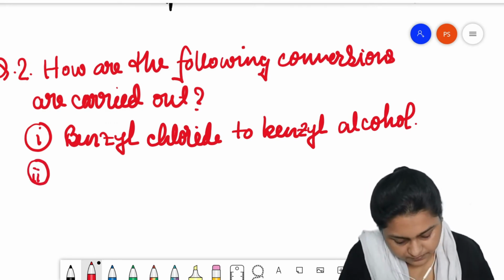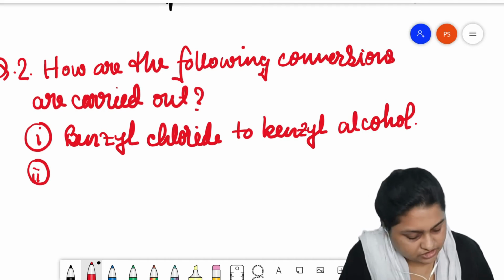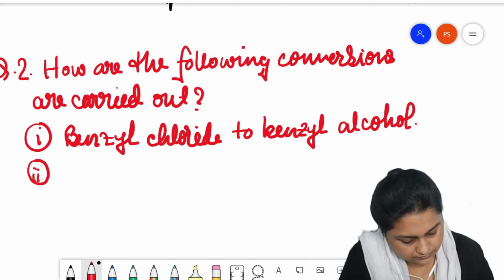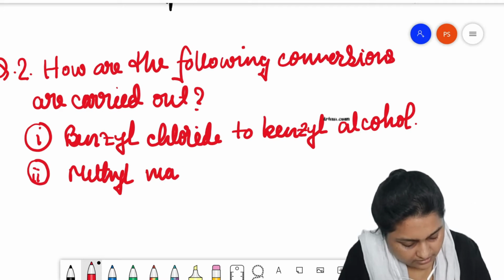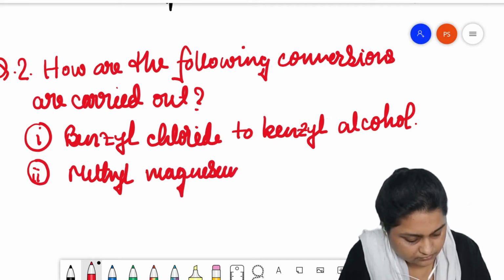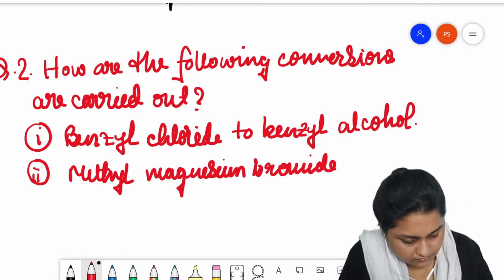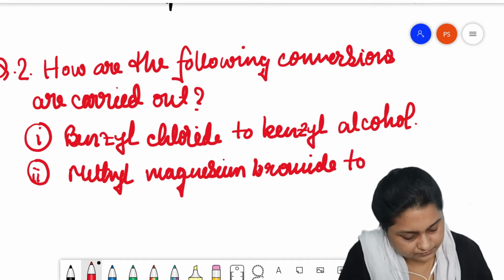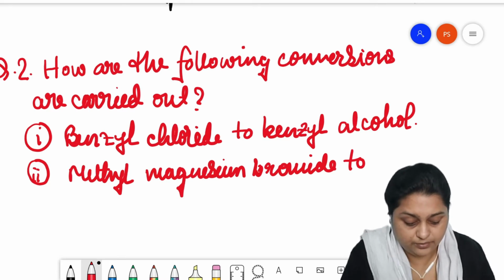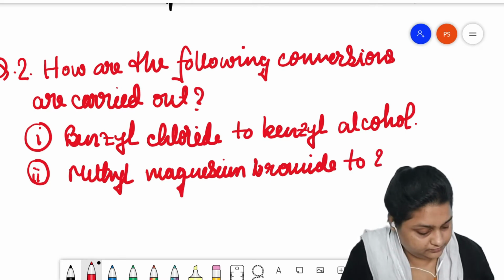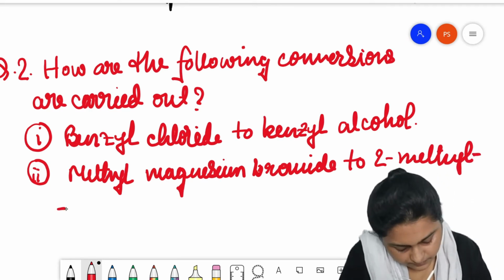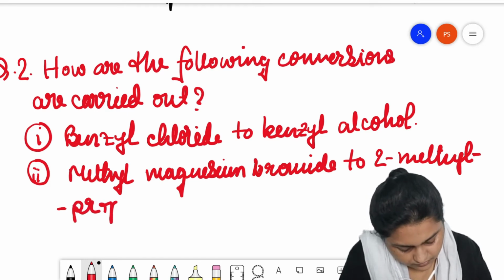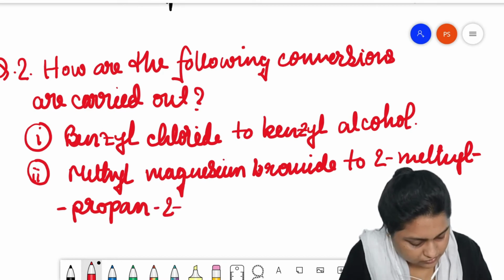Number 2, methyl magnesium bromide to 2-methyl propan-2-ol.